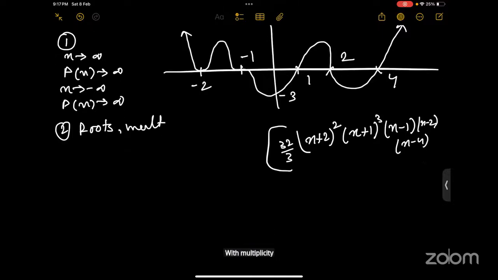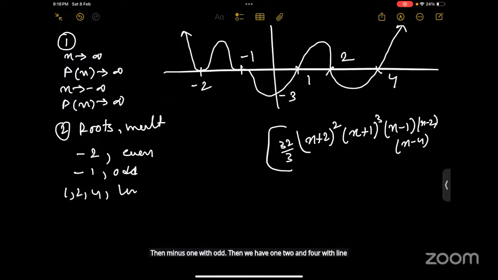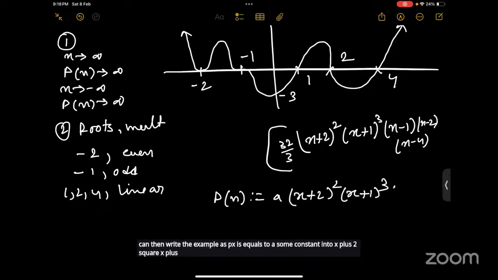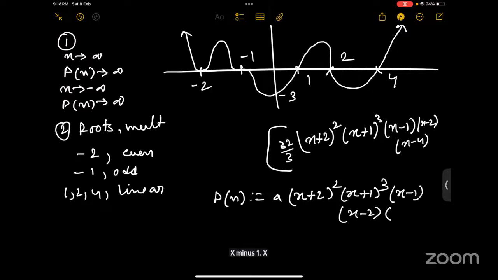We have -2 with even multiplicity, then -1 with odd, then 1, 2, and 4 with linear. So we can write p(x) equals a, some constant, into x plus 2 squared, x plus 1 cubed, x minus 1, x minus 2, and x minus 4.